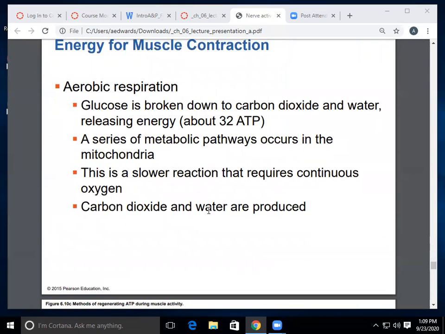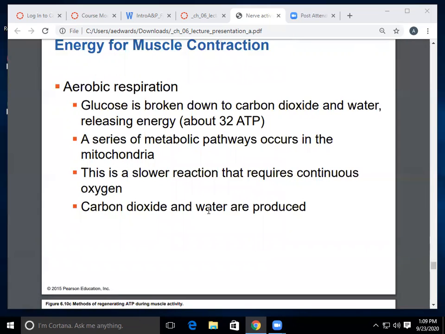Now for aerobic respiration, you're taking glucose, sugar, breaking it down, you make carbon dioxide and water from it. Okay, but you get lots of ATP in comparison. You get 32 molecules of ATP. And it happens through a series of reactions or metabolic pathways in your mitochondria.